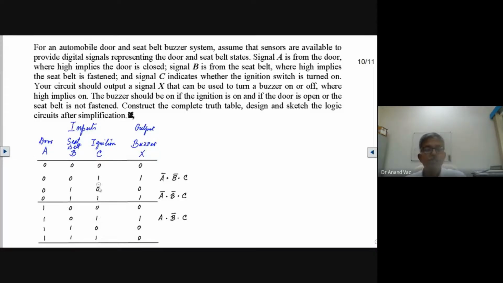For all other inputs, this will be 0. So what you have got corresponding to these outputs 1 are fundamental products.